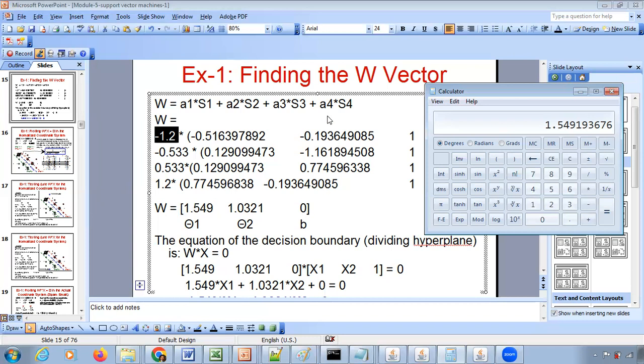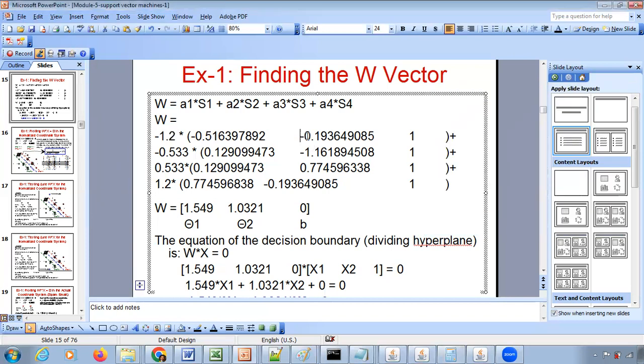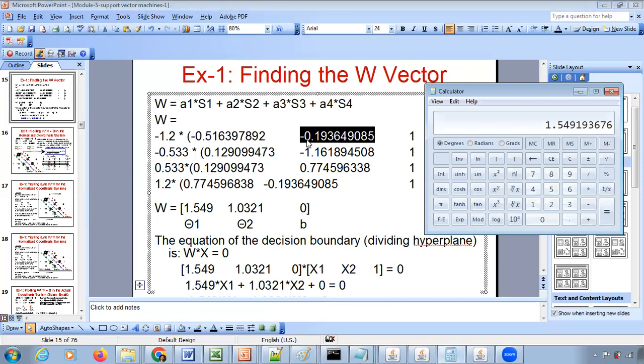So do the same term-wise multiplication and addition for theta 2. So that's going to be this negative 1.2 times the negative value here. So that's going to be positive overall. Negative times negative is positive. So it's 1.2 times 0.1936.